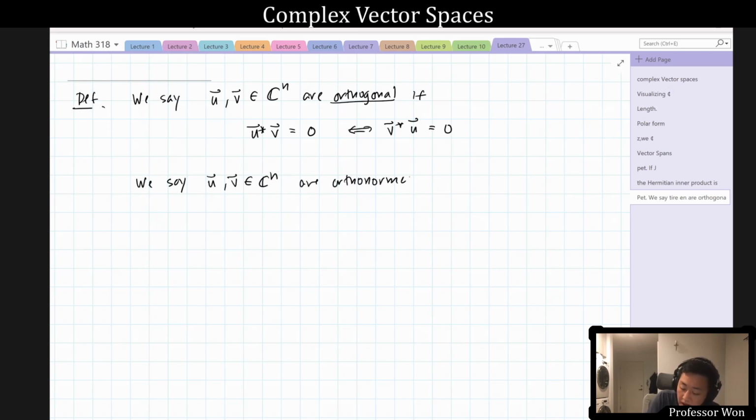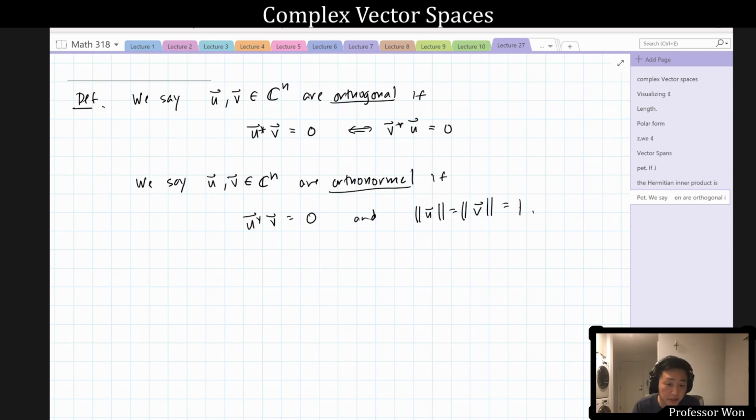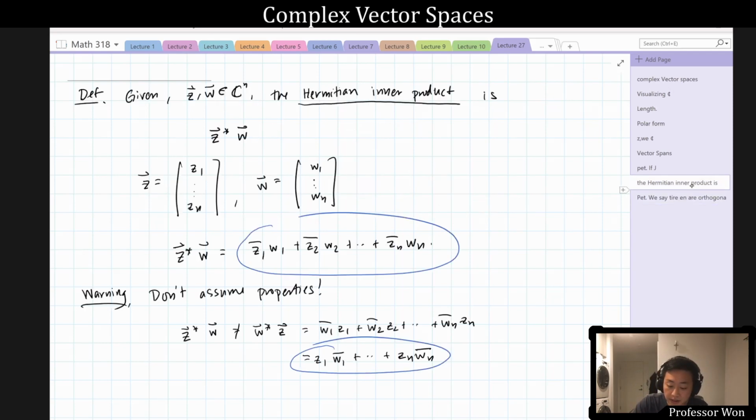That should just mean orthogonal and norm 1, which is exactly what it means. So if u star v equals 0, and the norm of u and the norm of v are both 1. So we'll be able to talk about orthogonal sets of vectors and orthonormal sets of vectors over C because we have this notion of an inner product.